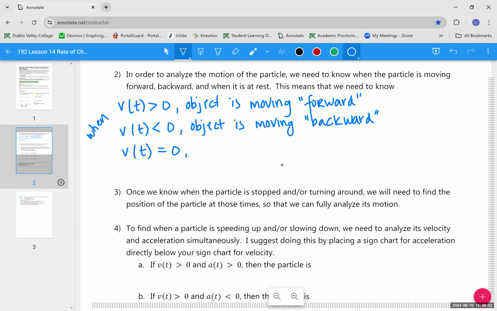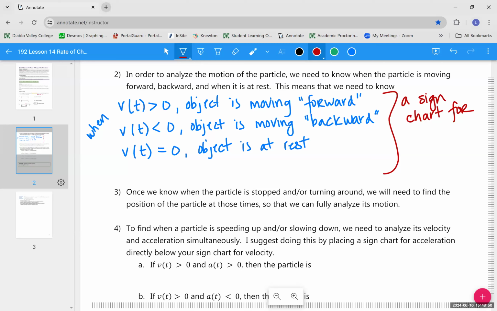And when velocity is zero, the object is at rest. So anytime you're going to be analyzing motion, we're going to need to know these things pretty much right off the bat. And so a sign chart for the velocity function is essential.